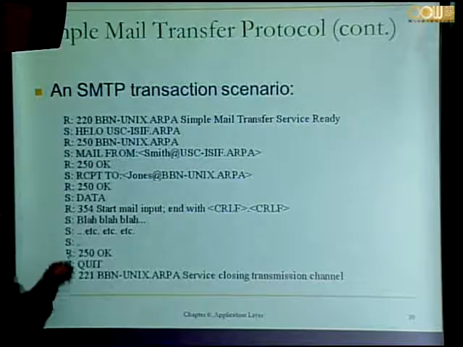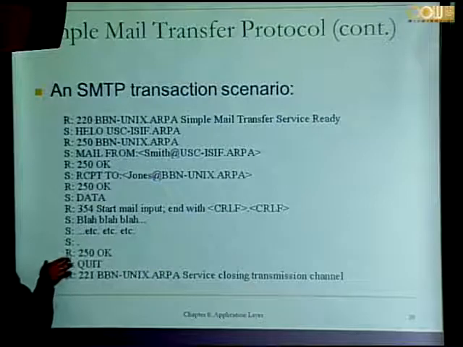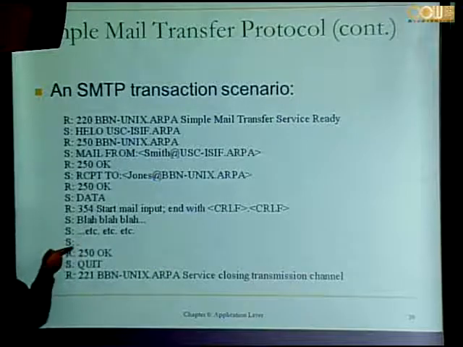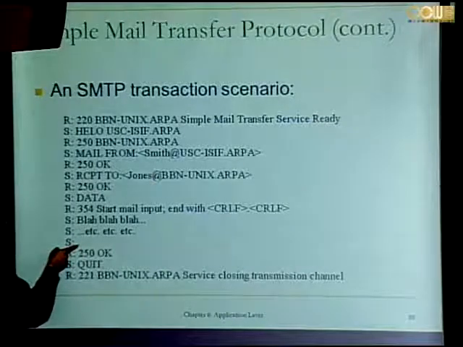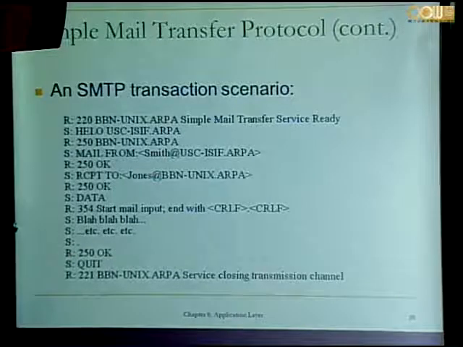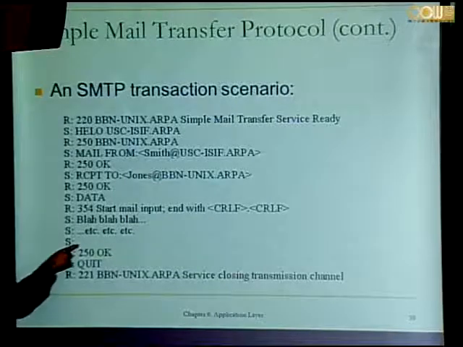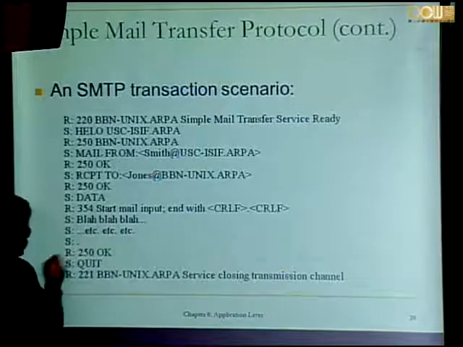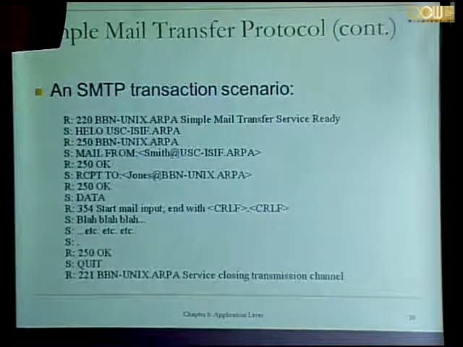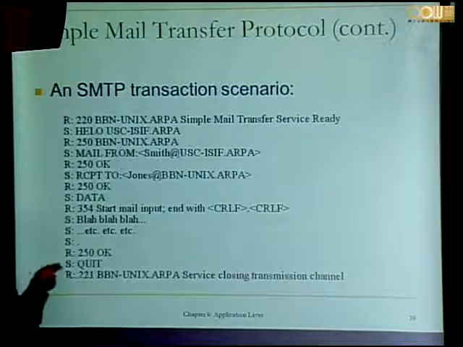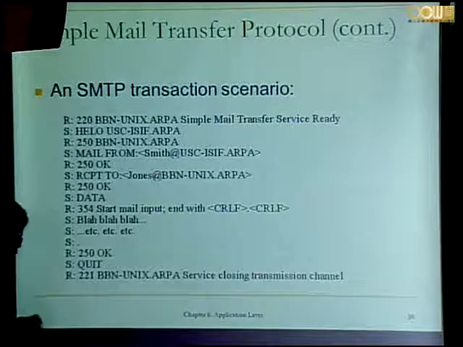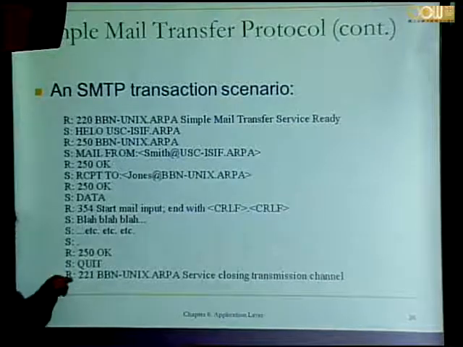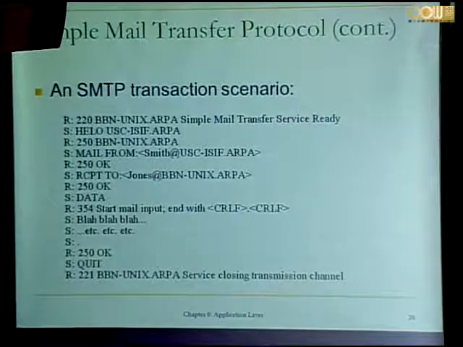Okay, and the sender continues to send until it sends a line with a dot and a line feed. Okay, so it ends the mail. Now the receiver replies 250 OK. It means that I got your mail. And then the sender sends the command quit, and the receiver replies with a 221.